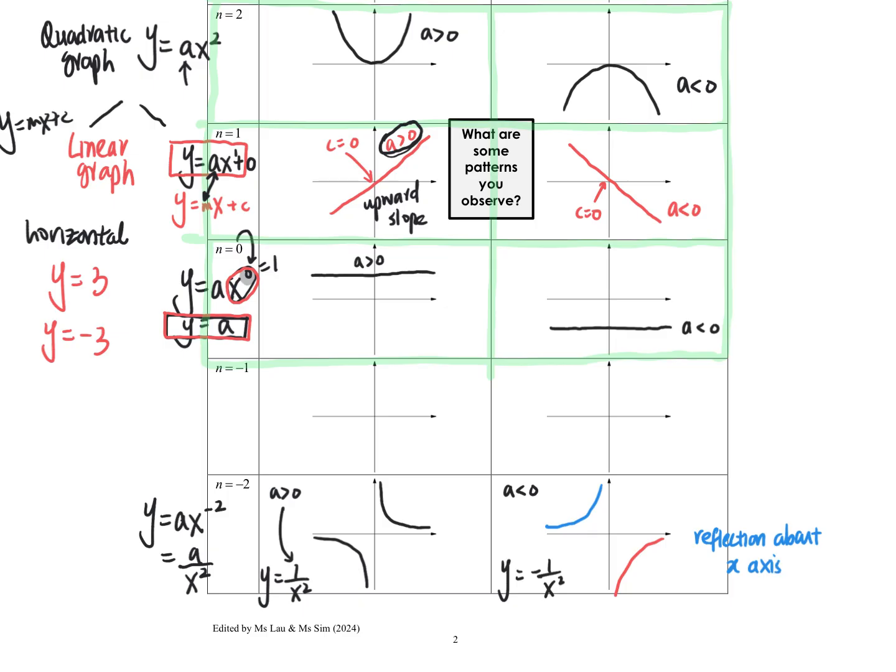Can you see this part? This one here, reflected below. This one here, reflected on top. So it's a reflection. The positive Y becomes negative. The negative Y becomes positive. So there's a reflection here. What if A is a real number? Like it's not 1. Doesn't matter.